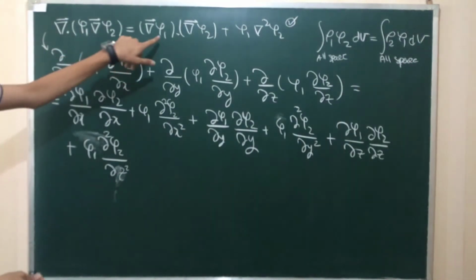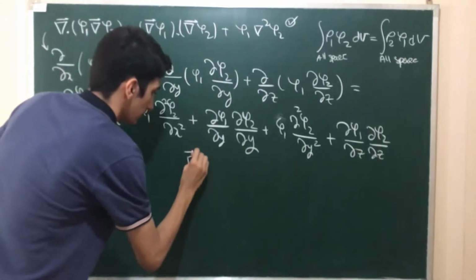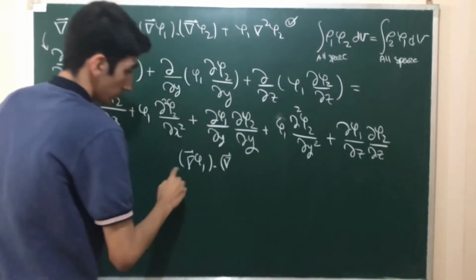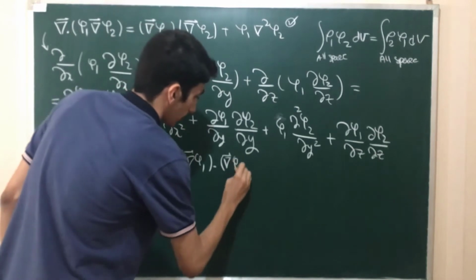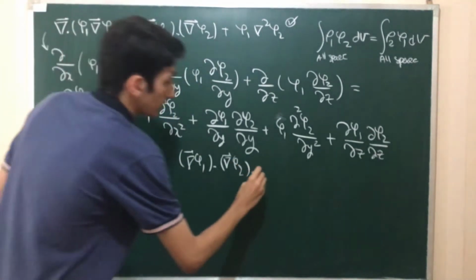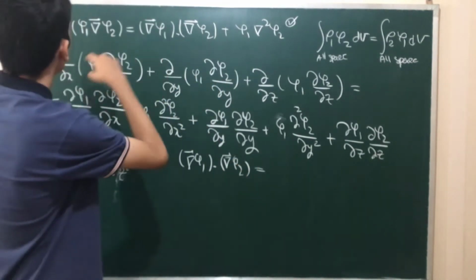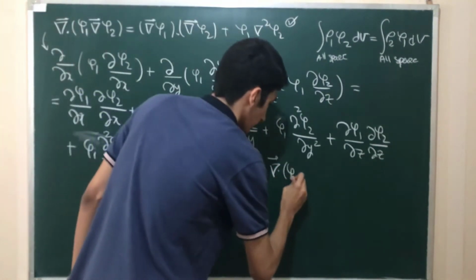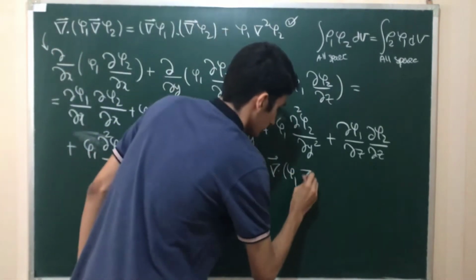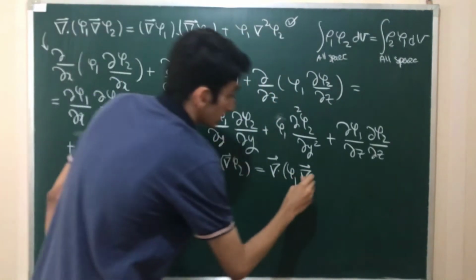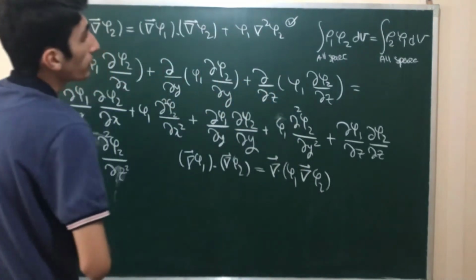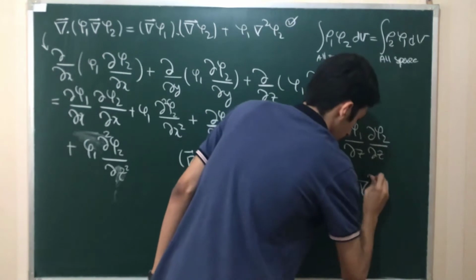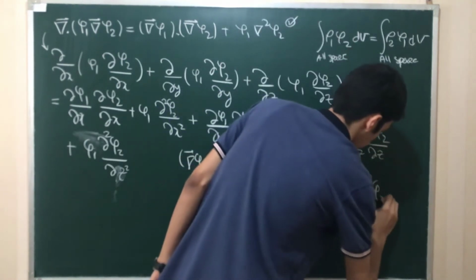So now I can write the dot product of the gradient of phi 1 and the gradient of phi 2 as the divergence of phi 1 times the gradient of phi 2, minus phi 1 times the Laplacian of phi 2.